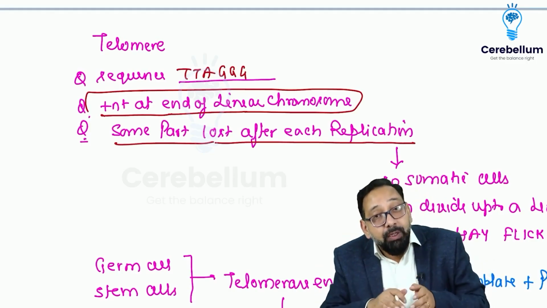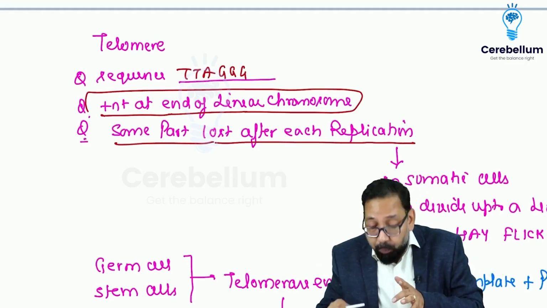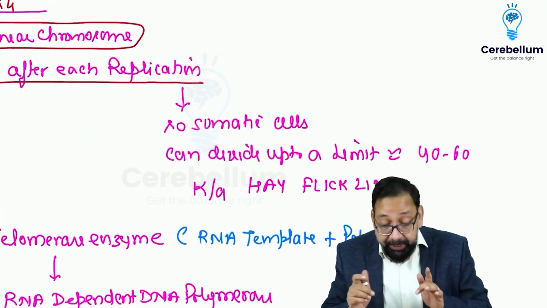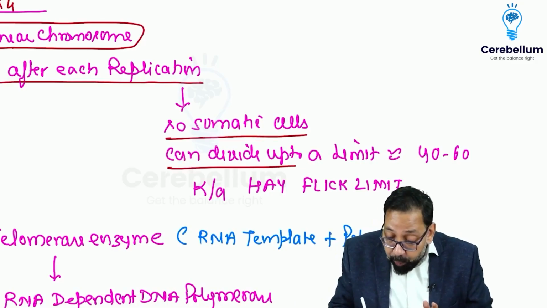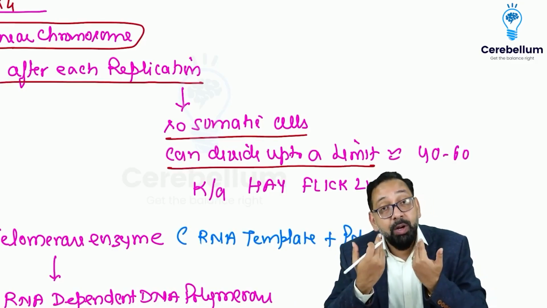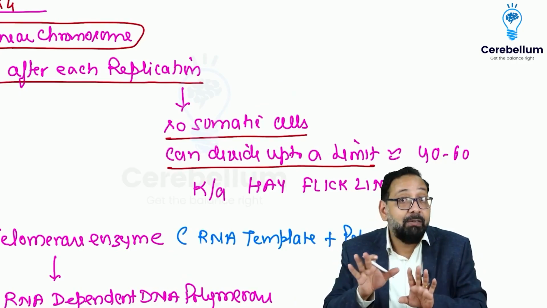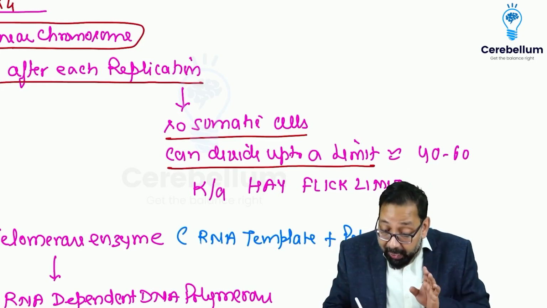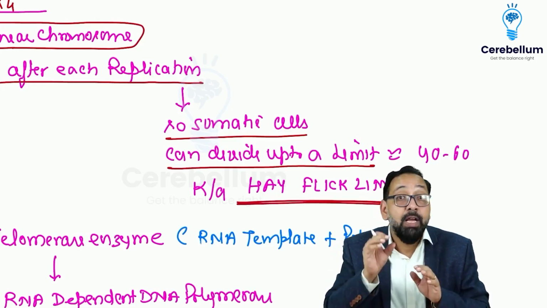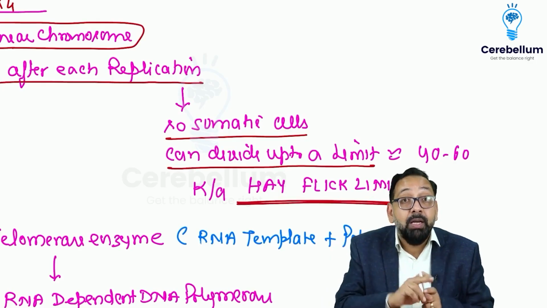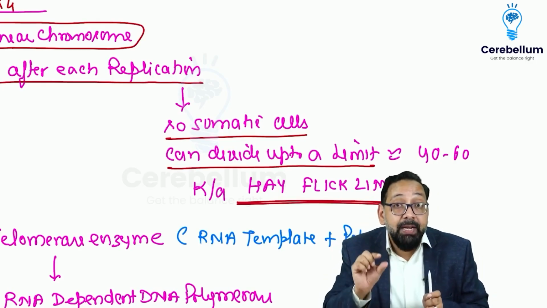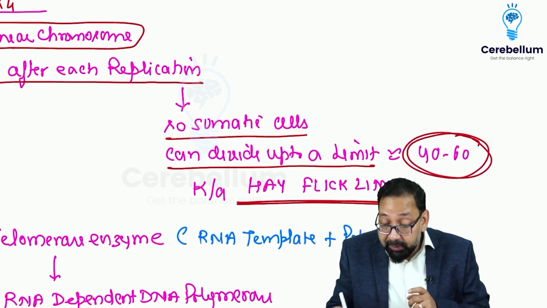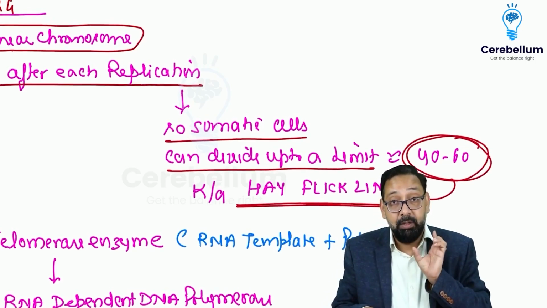So a somatic cell can divide only up to a limit. When all telomere is lost, the somatic cell will not be able to divide further, and this limit is called the Hayflick limit. Due to shortening of telomere, a somatic cell can divide usually 40 to 60 times.